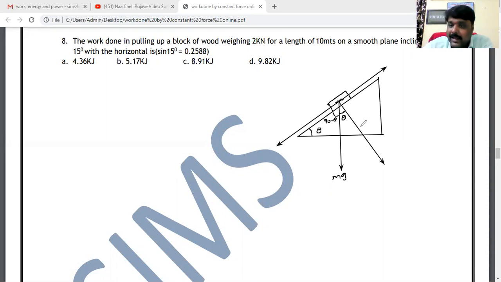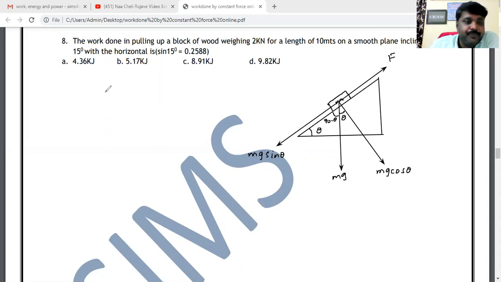This is the side which is adjacent to theta, and the relationship is given by cos theta equals adjacent side by hypotenuse. Hence, the component that comes over here is mg cos theta, and obviously the other component is mg sin theta. That is equivalent to the force that is pulling the block of wood weighing 2 kilonewtons.